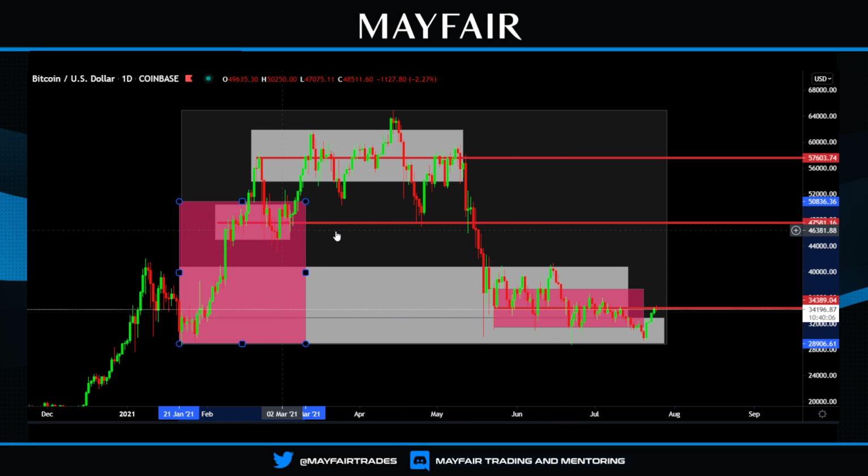We've got a clear area of now resistance to come back through, which is going to be around the 47, 47.5 level, and then the major resistance before even thinking of a new all-time high around the 57,000 level.